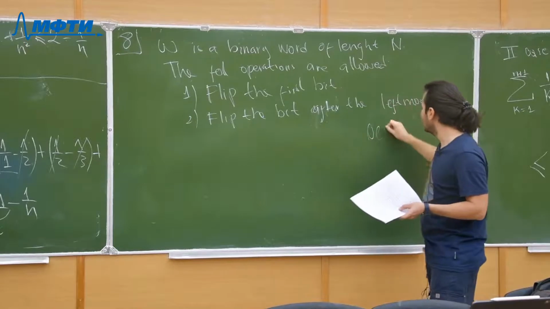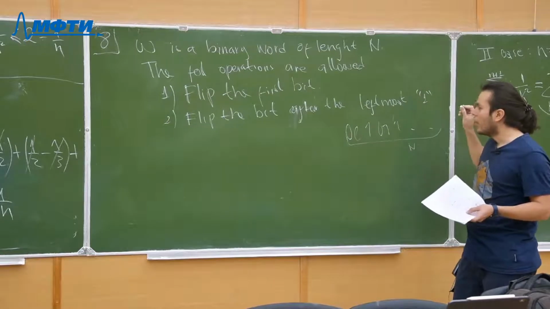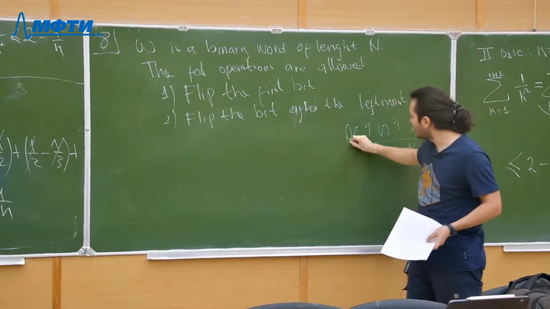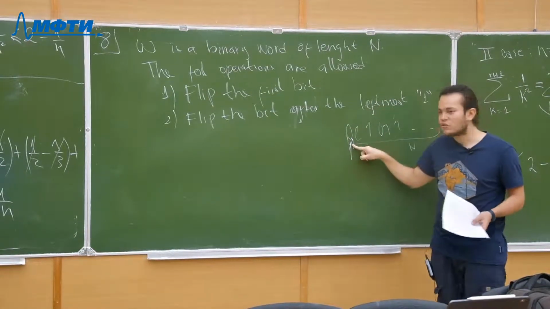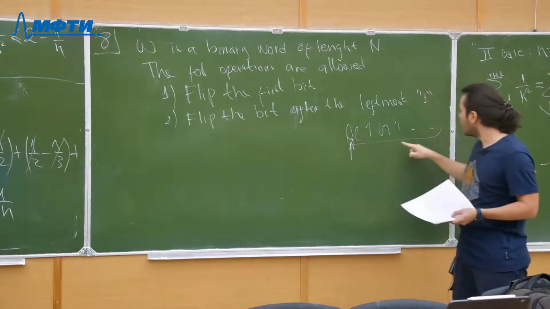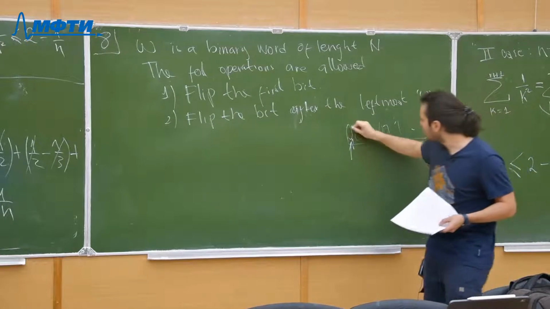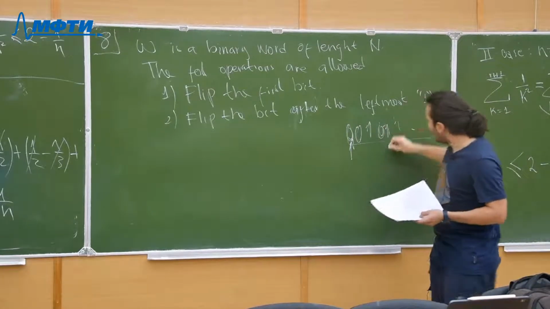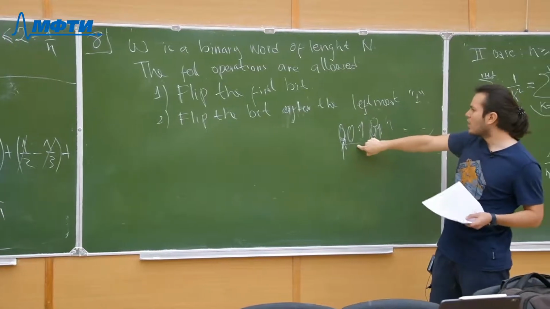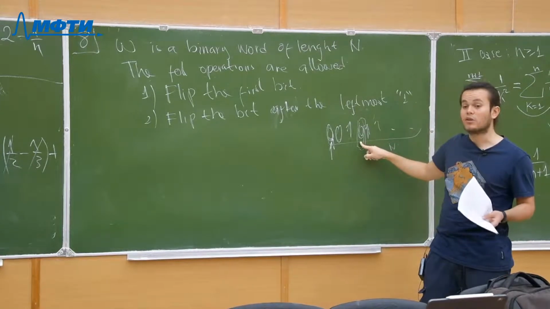So 0, 0, 1, 0, 1, 1, and so on, right? And this is of length n. Okay, and we can do the following with any such word. We can flip the first bit, so we can change this bit here. So if we have 0, we can obtain 1, or if we have 1, we can obtain 0. And we can flip the bit after the leftmost one. So in this case, if we have 0, 0, 1, 0, and 1, we can change this bit because this one is the leftmost one, and then we can change the bit after this, so this one. So we can change this into 1, for example. Okay.